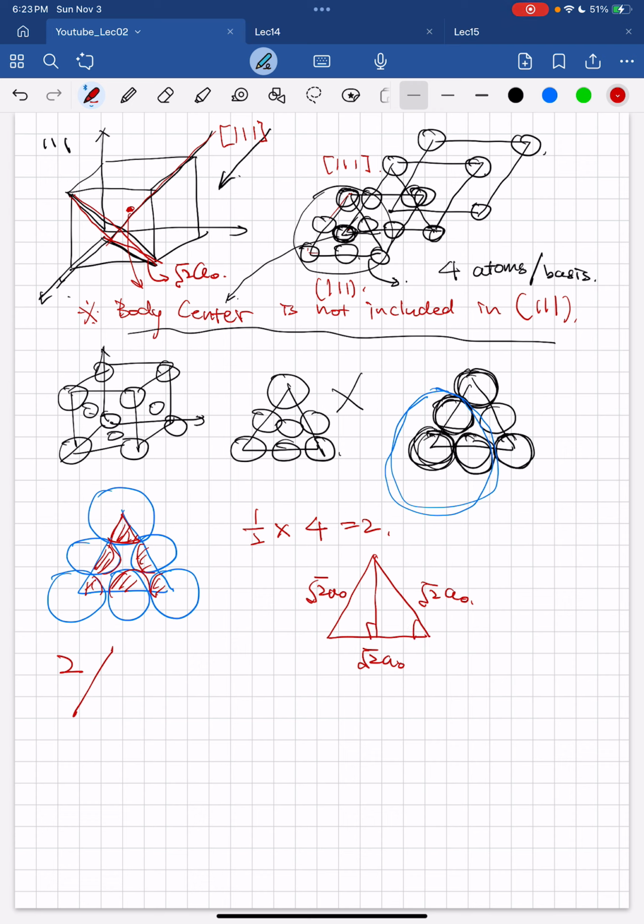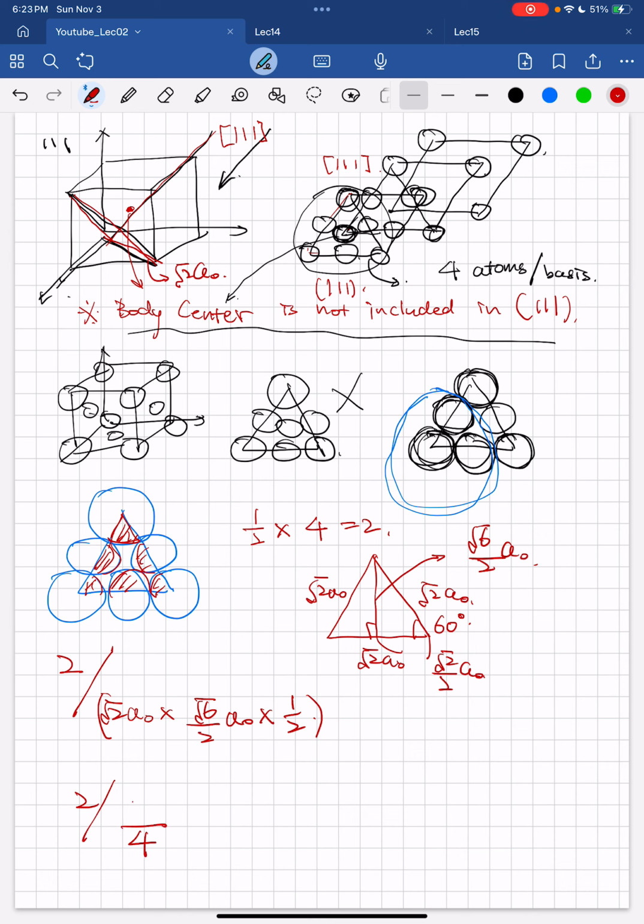This is 60 degrees, then root 2 a0 times root 6 over 2 times a0 times half, which will be, what is it? 4 over root 3 a0 squared.